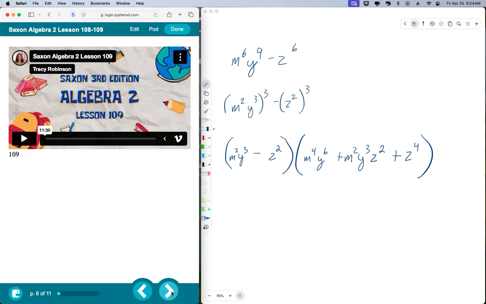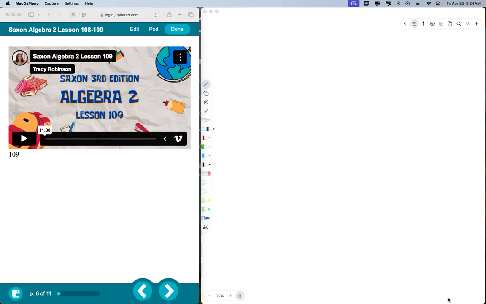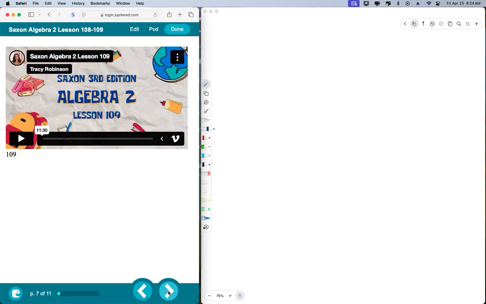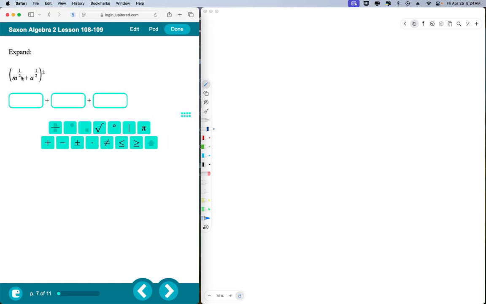And that's it. That's the last one for lesson 108. All right, lesson 109. So lesson 109 is just more on fractional exponents. And all we're doing here is multiplying. So we're squaring these.